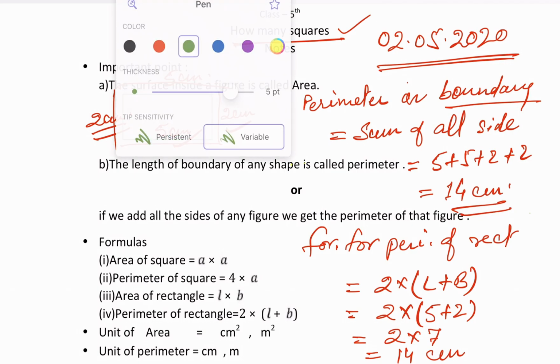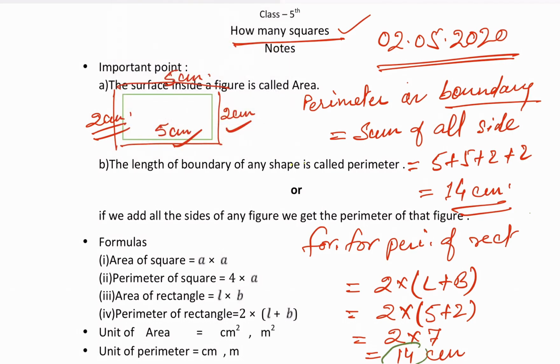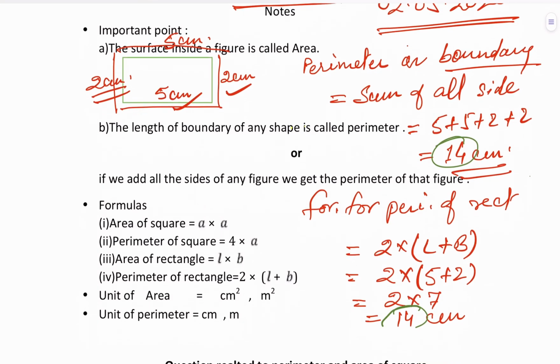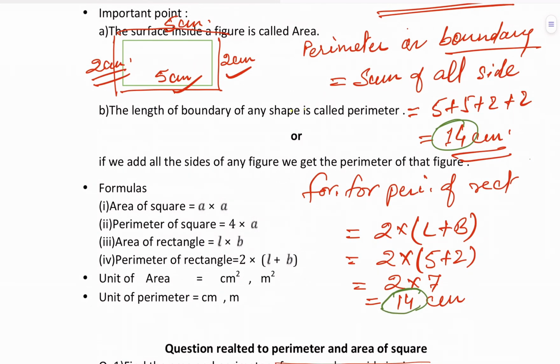You can match this 14 with this 14. Is this matching? So you can find the boundary or perimeter of the rectangle by using this formula.